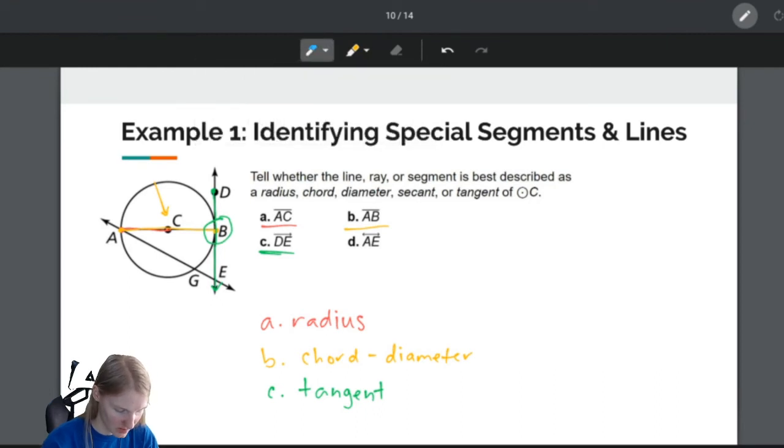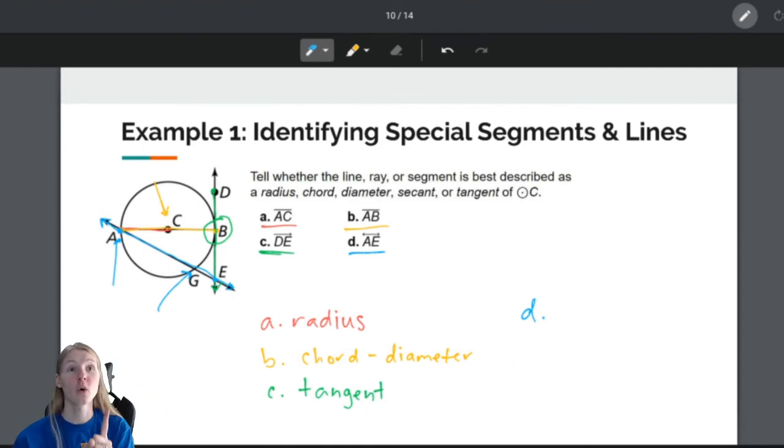All right, and now we're looking at line AE. Write it over. Line AE, so here's A, here's E, and we're looking at this whole line. Well, let's see, I noticed that it intersects the circle at two places. So a chord intersects a circle at two places.